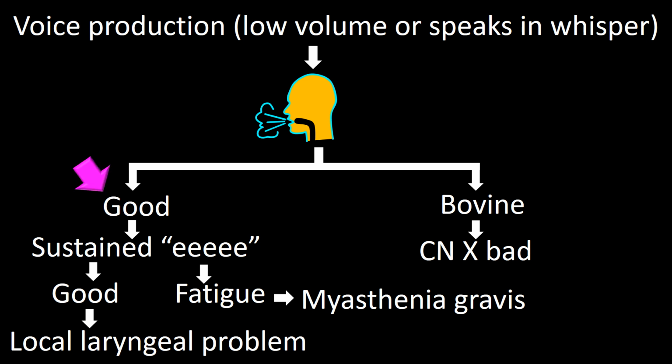A good cough should be followed by requesting the patient to sustain a sound. If they are able to do so, the cause of the dysphonia is a local laryngeal problem. If the sound fatigues, myasthenia gravis is the most likely cause.